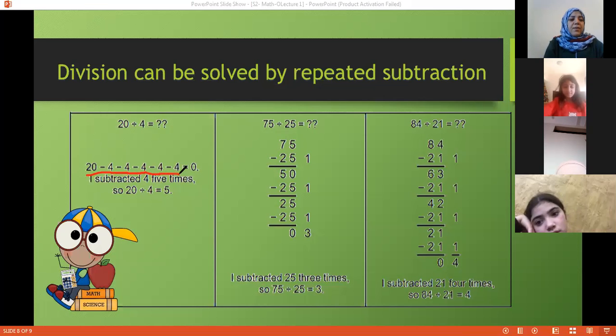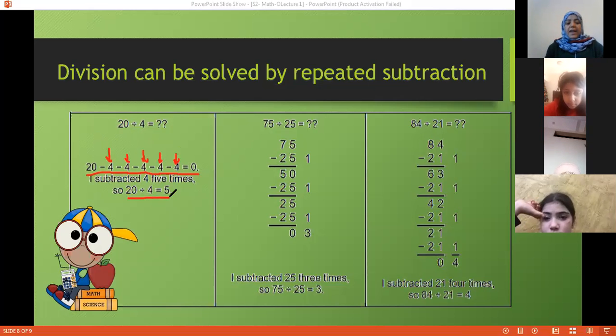And 4 minus 4 is 0. So how many times did we subtract? Count the number of 4s. 1, 2, 3, 4, 5. So it's 5. You write for me 20 divided by 4 is 5. Is it clear? Let us look at the second example.